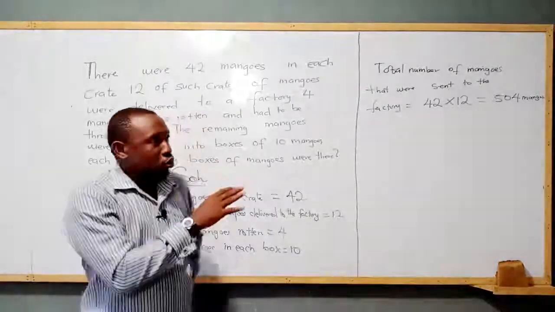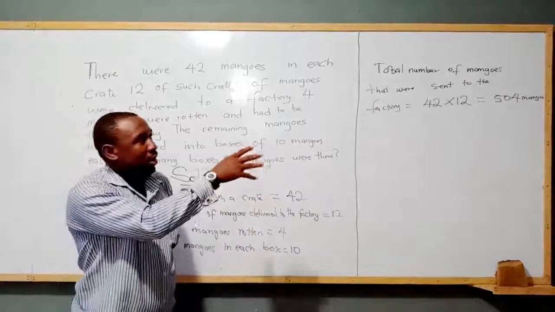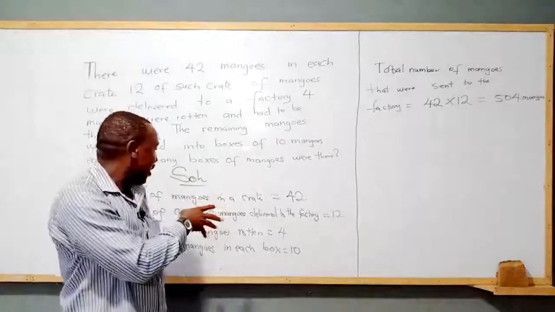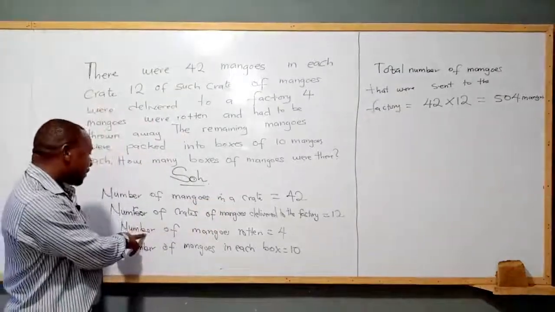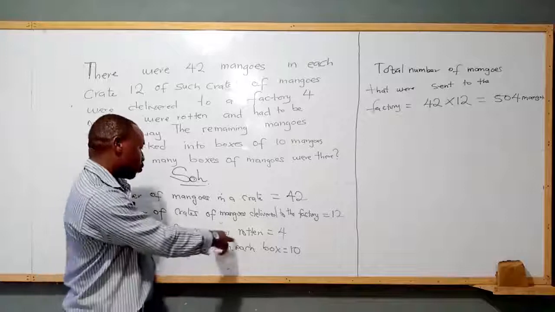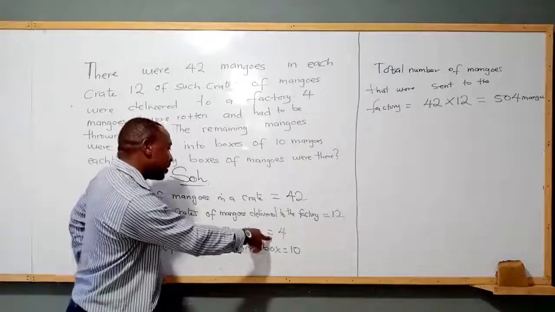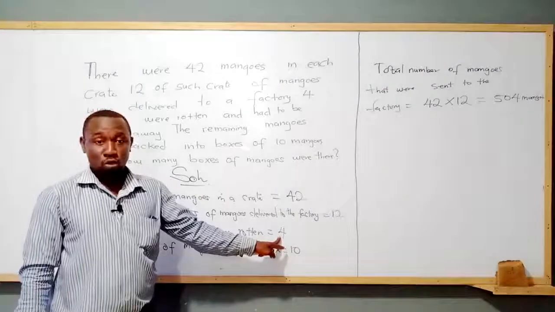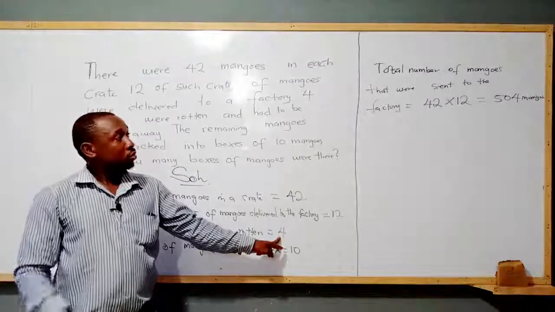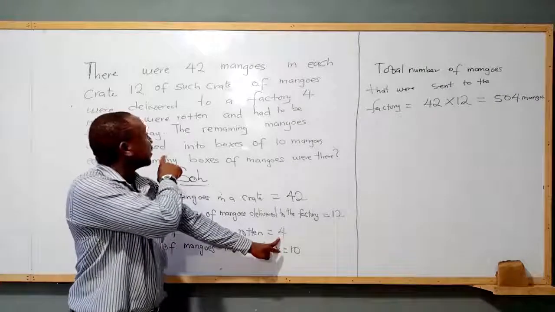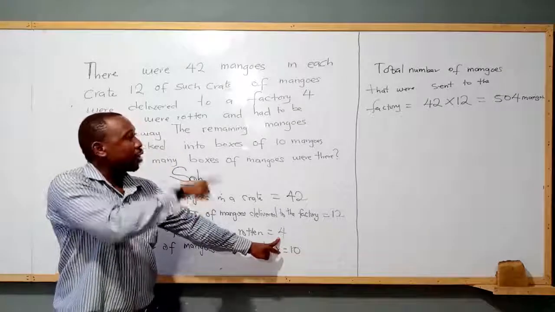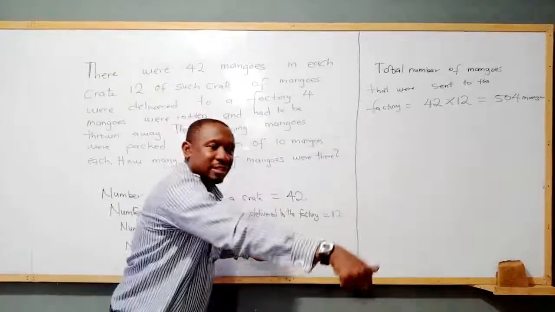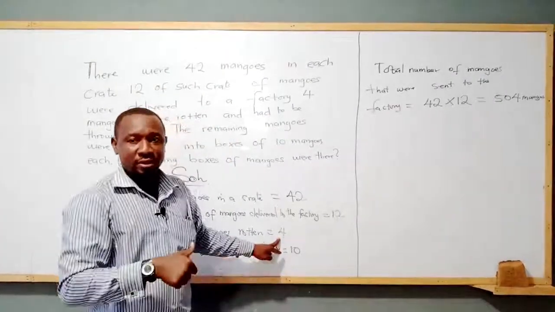So that point 2 has also been established. Now we know the number of mangoes that were sent in. In the question we have number of mangoes rotten is equal to 4. 4 mangoes were rotten when it reached the factory.